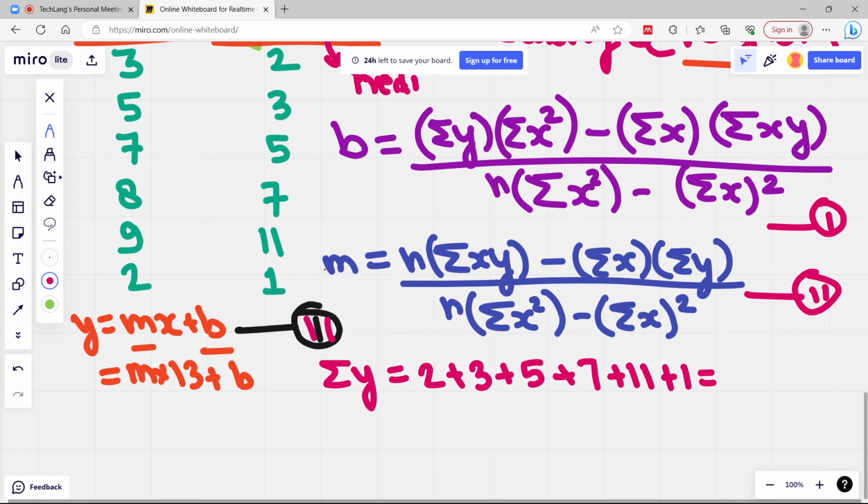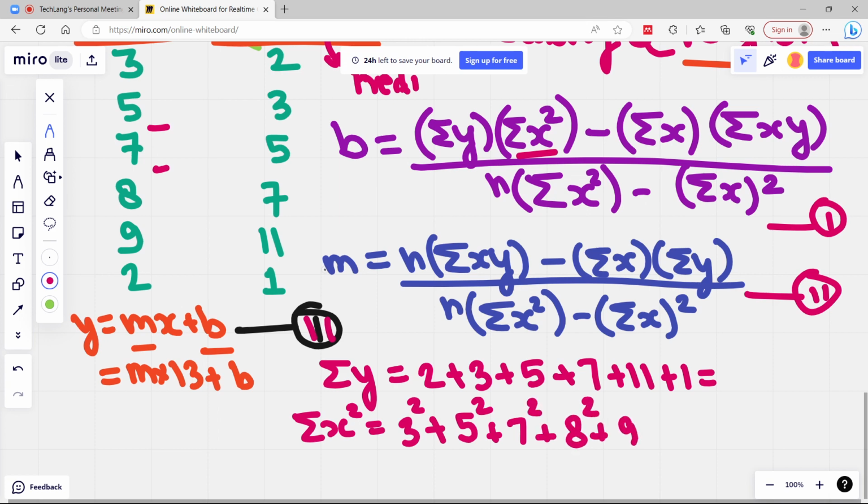I'll sum up all these values of y. Can you see this one? What would be the x square here? The second term x square would be 3 square plus the square value of the second terms of x, and 7 square plus 8 square plus 9 square plus 2 square, whatever the value will be.